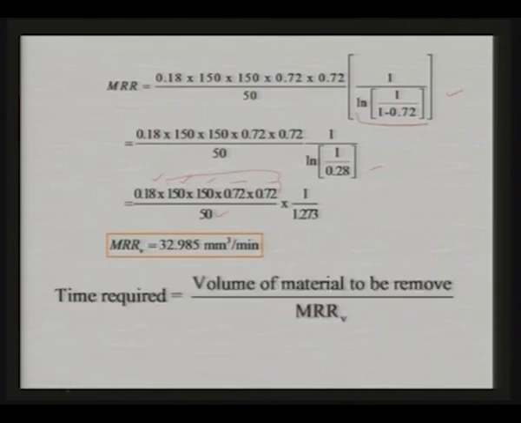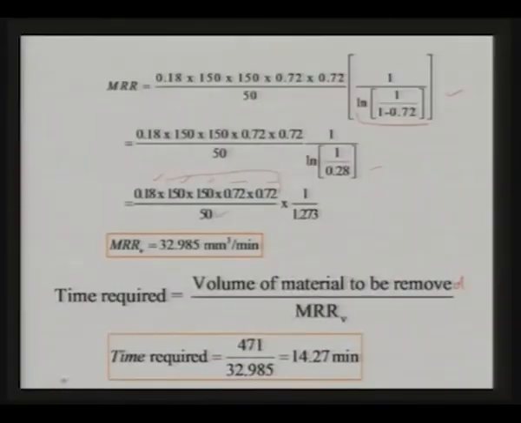Now, we want to calculate what is the time required for drilling the hole. So, for that purpose, first we should know what is the total volume of the material to be removed while drilling the hole, and what is the volumetric material removal rate of the process. If you divide first by the second one, then you will get the time in terms of minute.